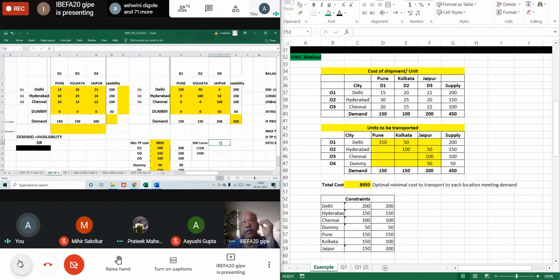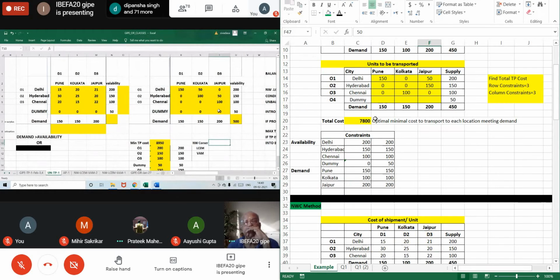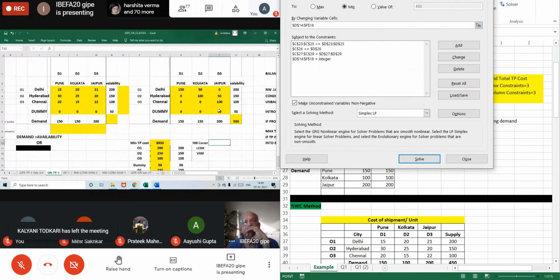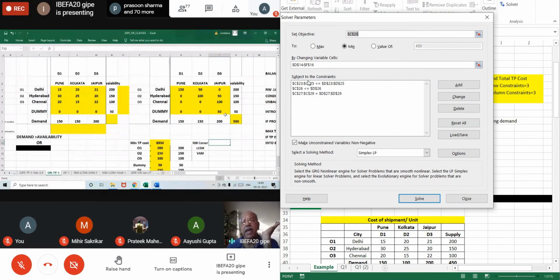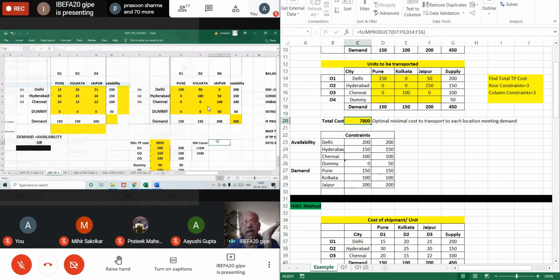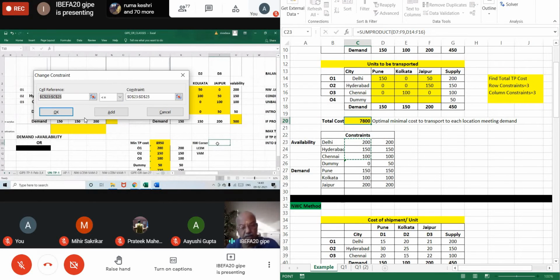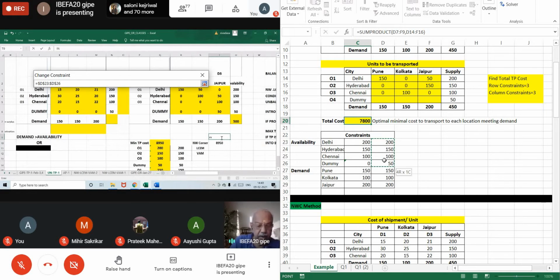Sir, in Jaipur. D3, Jaipur. Jaipur is not getting 200 units, correct? How much Jaipur is getting? 150. Yes. But our problem is correct. Northwest corner method gave me 8,950 will be the initial value. This is my initial value by the method.